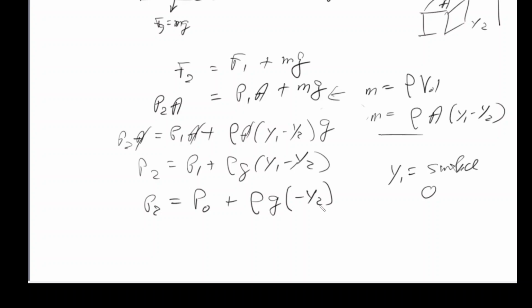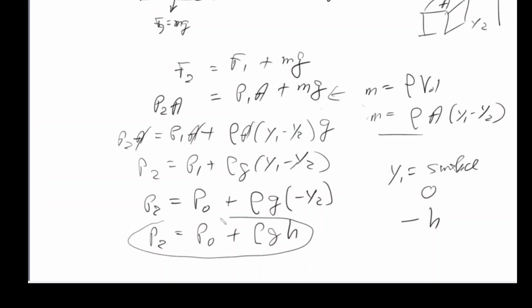But y2 is the depth below the surface, which we'll call minus h. So again, P2 is equal to the pressure at the surface, atmospheric pressure, plus rho g h. This equation gives us our pressure at a depth h of a fluid in static equilibrium.